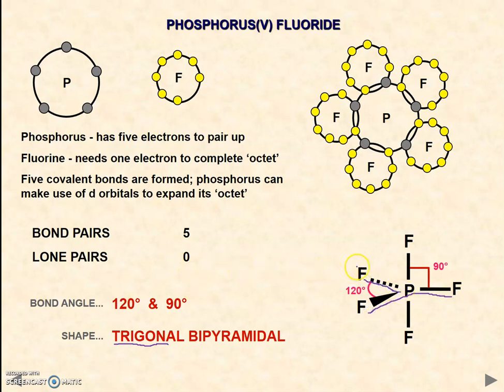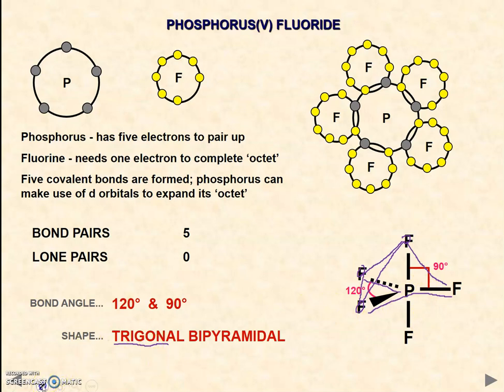But if you were to join the fluorines to make a face, just like we did in the animation on the previous slide for the tetrahedral shape, then you will form a pyramid on this side, and you would form a pyramid on the bottom side as well. So therefore, we call it trigonal bipyramidal.